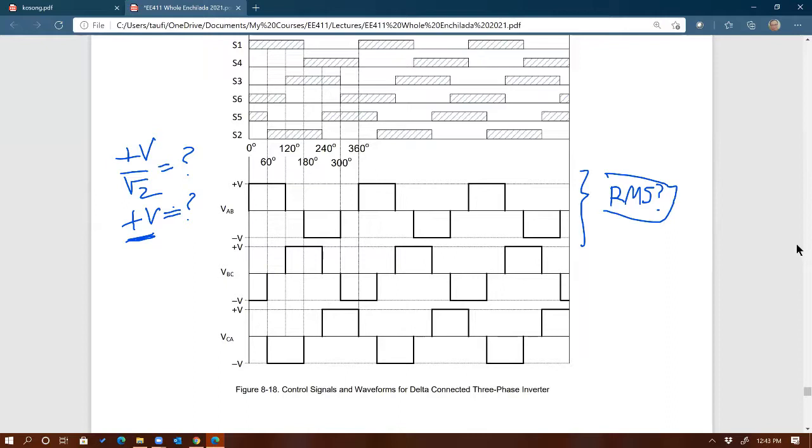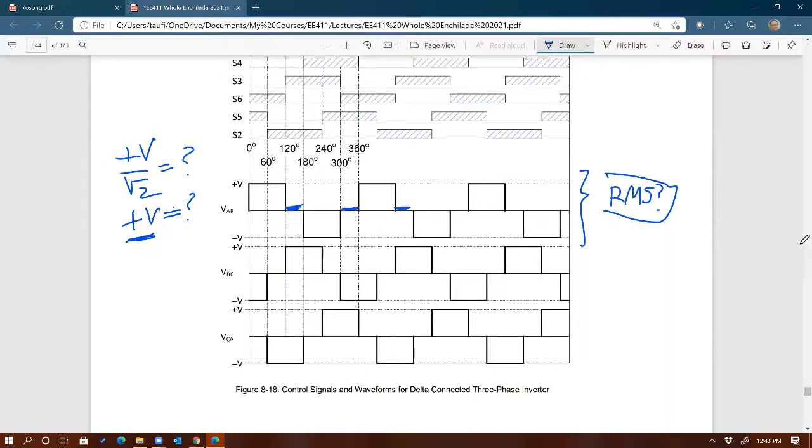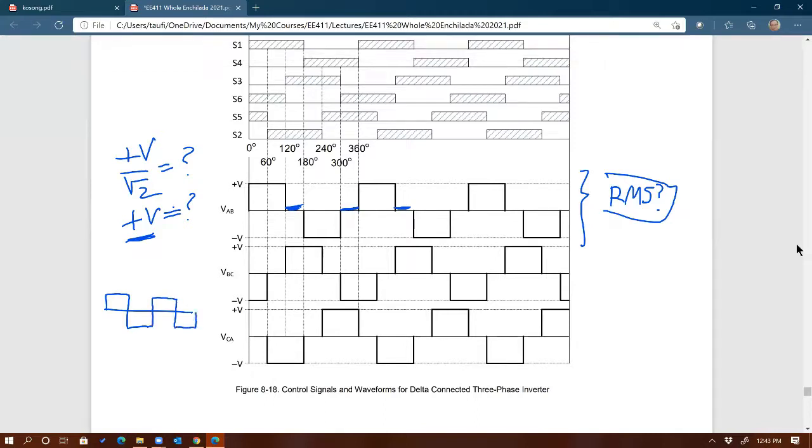Because there are some 0 segments, right? If the output voltage is a simple square wave like that, if this is plus V, then yes, the RMS of this is plus V. But now we have 0 segments, which means you're going to have a duty cycle.